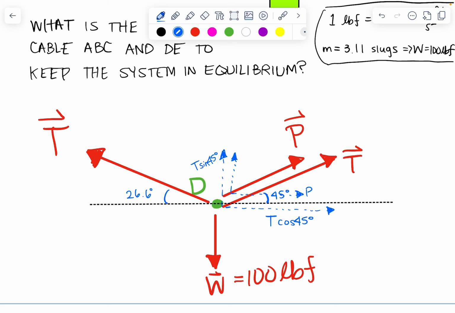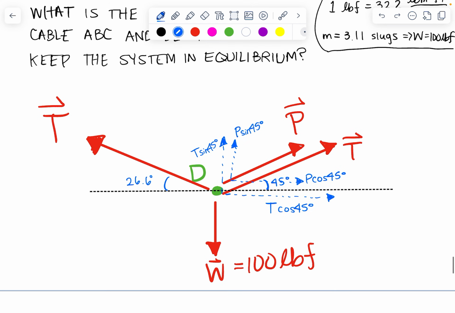The x-axis one is p cosine 45 degrees, and the y-axis one is p sine 45 degrees. Okay, again, I'm just making this rectangle, right? Now w, that's already just in the y direction, so we don't need to break that one up.